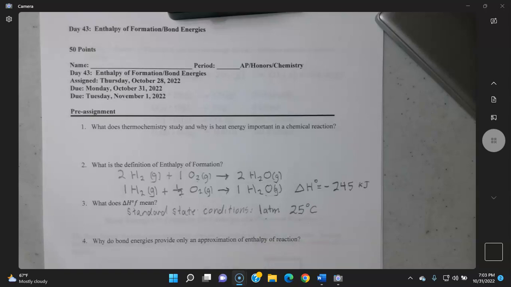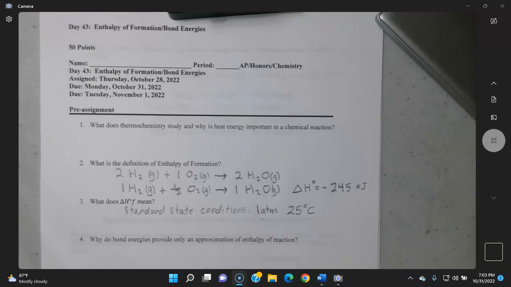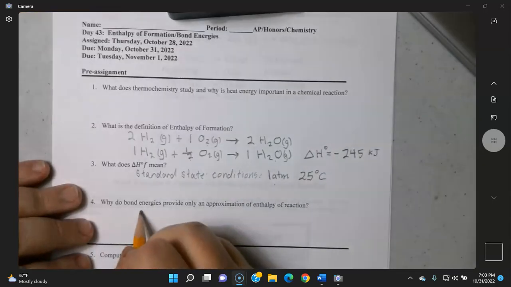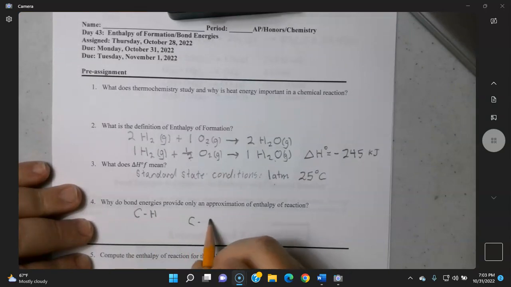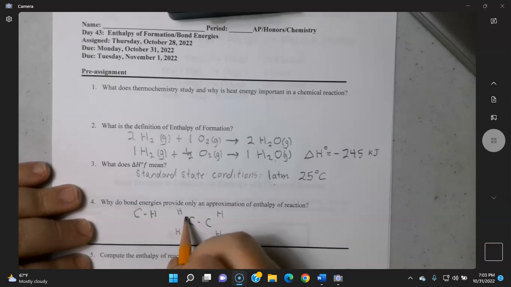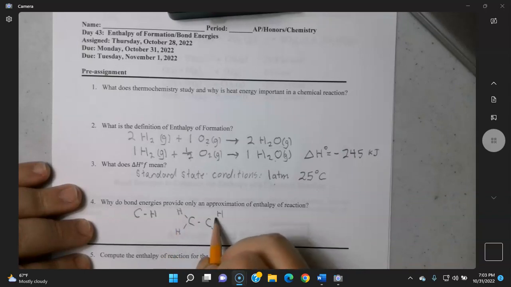Okay? All right. Why do bond energies provide only an approximation of enthalpy of reaction? So if you take a carbon-hydrogen bond, and here's ethylene. It's 2 carbons and it's 4 hydrogens. And these are all carbon-hydrogen bonds.